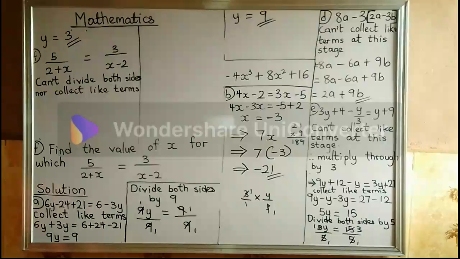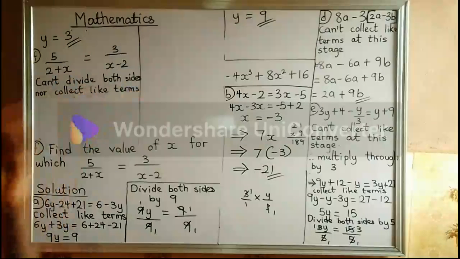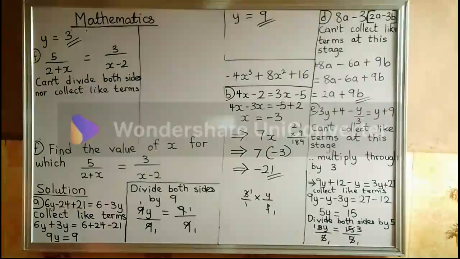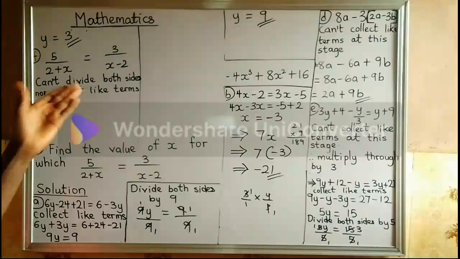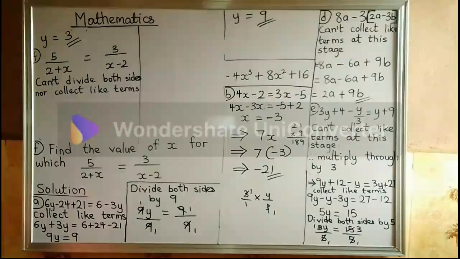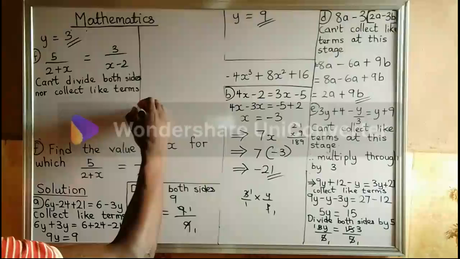So we could actually multiply through by the LCM of the denominators, but I won't advise you do here because there is a simpler and more comprehensive way to solve this kind of question other than multiplying through by something. We still treat more questions on multiplying through by something when we get to that level.